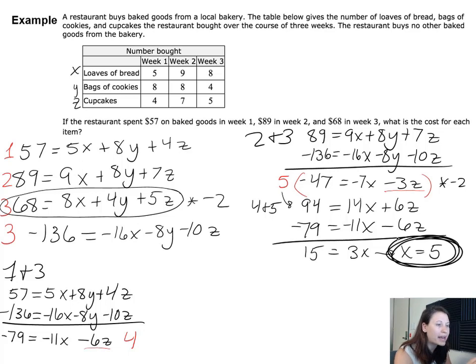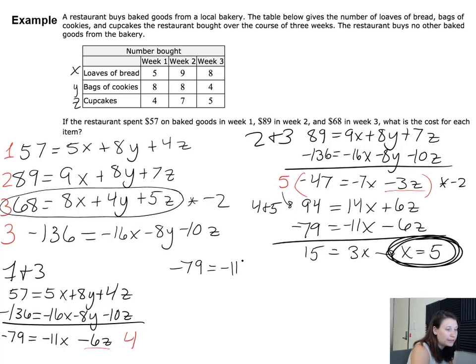So then we can go back into either 5 or 4. Doesn't matter, right? Let's go into 4, just because, why not, right? So we have negative 79 is equal to negative 11 times 5 minus 6z.